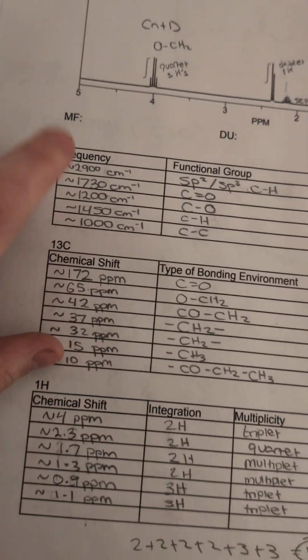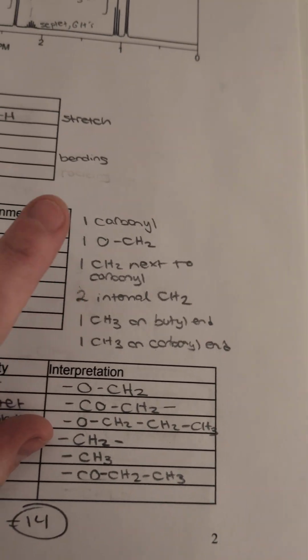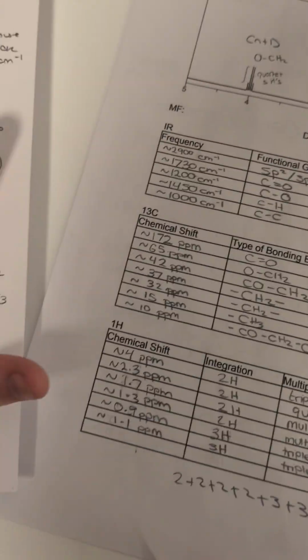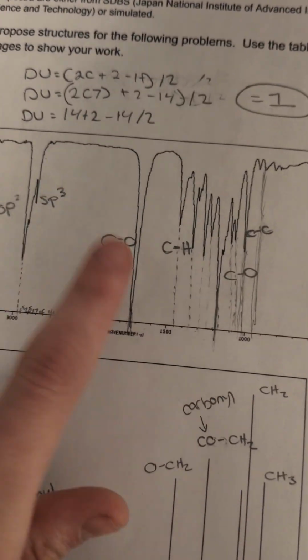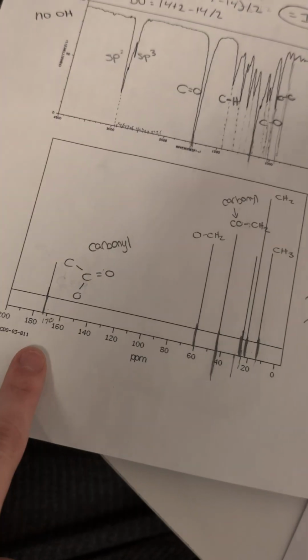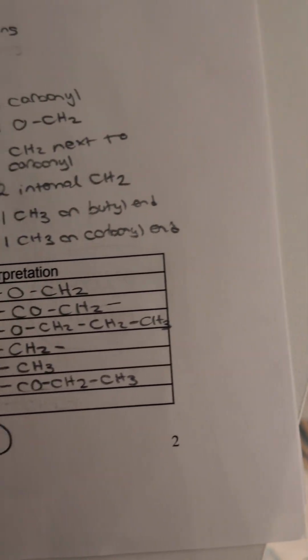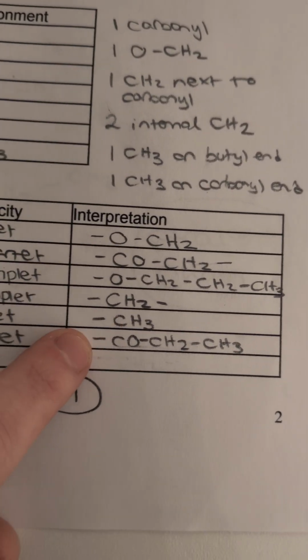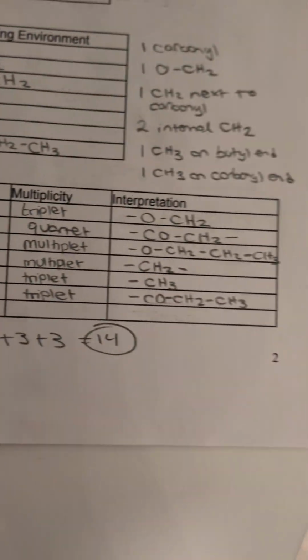And all of this just records the same thing that I explained over here, but what we see right in here is that this is basically when I wrote down exactly what we came up with based on this data, all of the data. So we ended up with one carbonyl, which was reflected in our IR spectrum, in our CNMR spectrum, and in our HNMR spectrum right here at around 1.1 ppm.